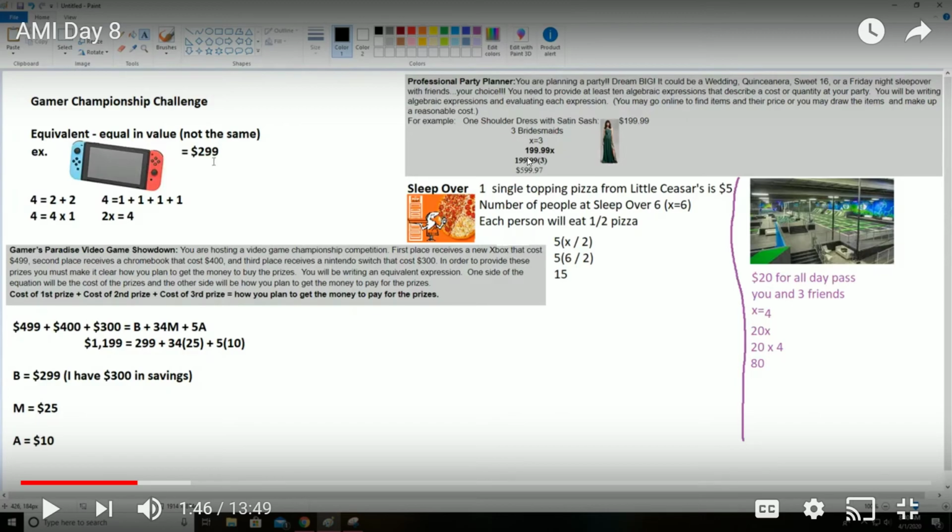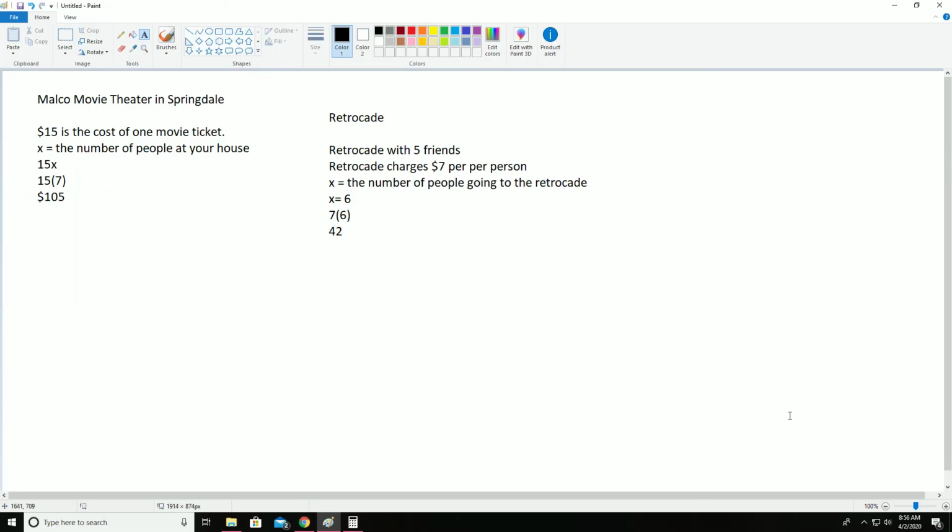So they said the expression was $199.99 X. If you notice right here, they took out the X and substituted in a 3 because there's 3 bridesmaids. They have to buy 3 bridesmaids' dresses. So if you multiply this times 3, you get $599.97.